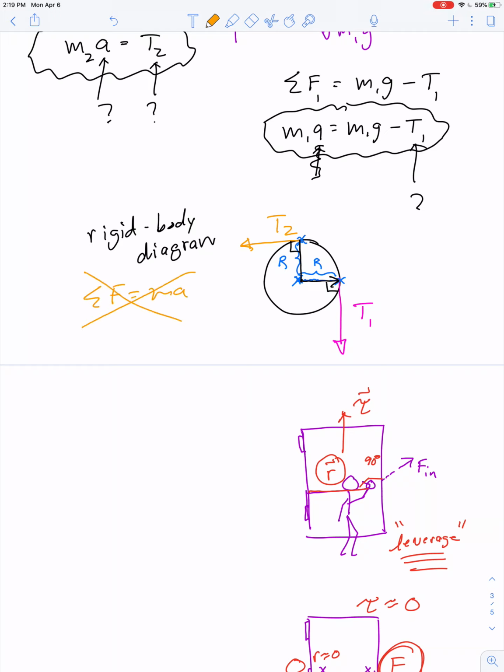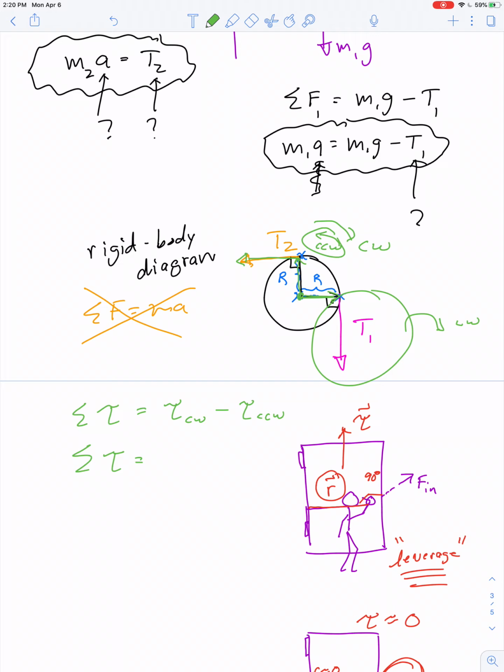Or in other words, the net torque that acts on our pulley is equal to, how do we calculate torque? Torque is the product of, at least in magnitude, force times lever arm times sine of an angle. But in this case, we identified the angles are 90 degrees, and the sine of 90 is equal to 1.